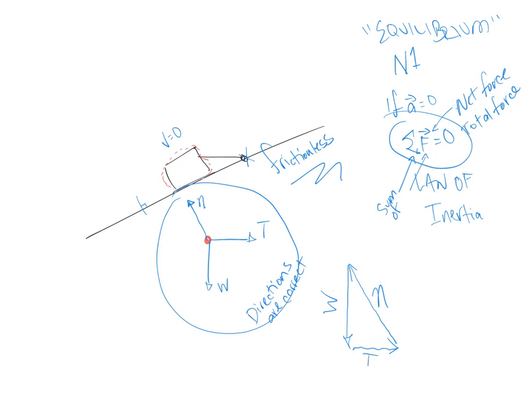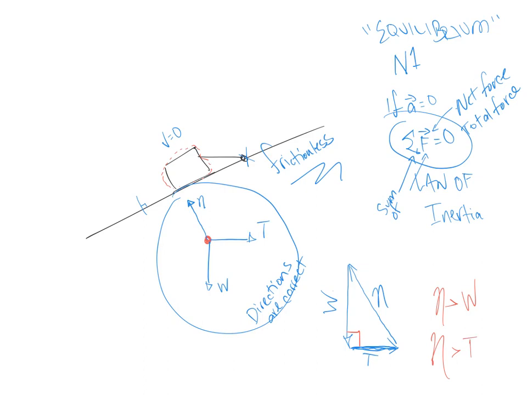Do you know which of these angles is a right angle? Yeah, good. Since this is a right angle, you could tell me which vector is the longest. Normal force has to be greater than the weight of the object, and normal force also has to be greater than the tension.